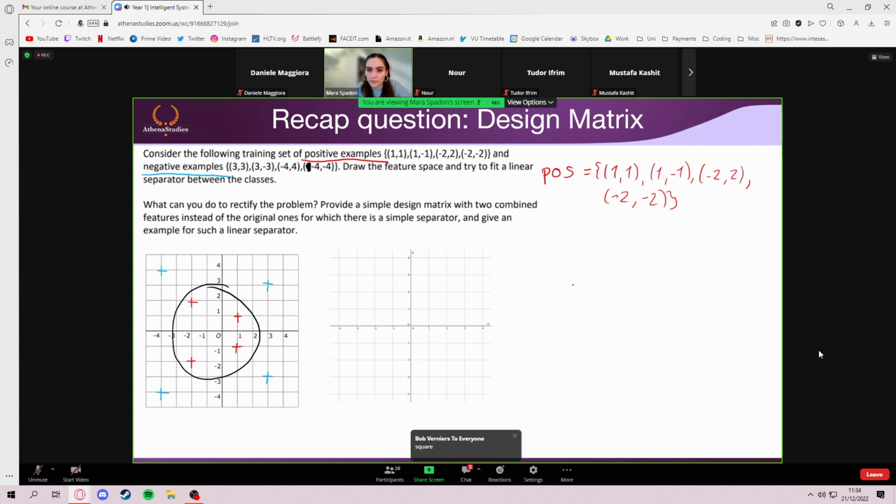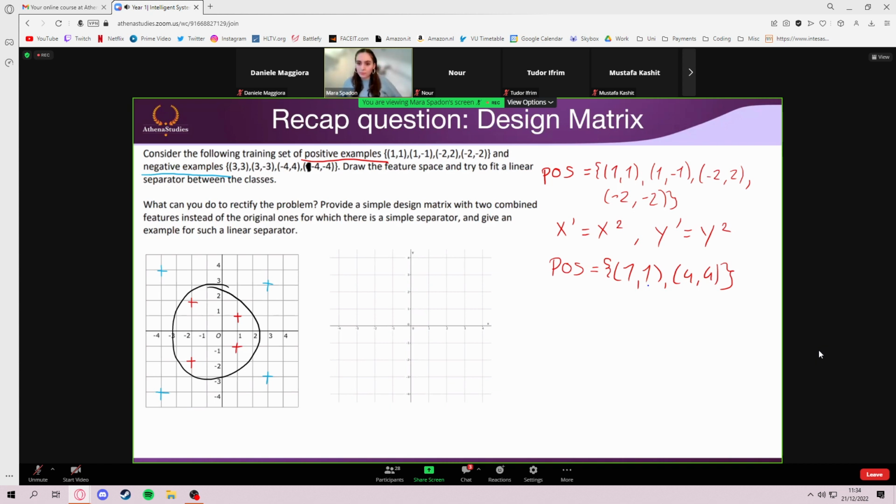So instead, all the x's become x squared, and the new value of y becomes y squared. So what does this mean? That means that our positive set turns into 1, 1, 4, 4, right? Because we take the square of 1. And we do the same for the negatives.